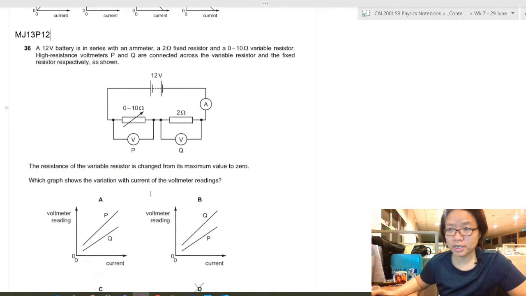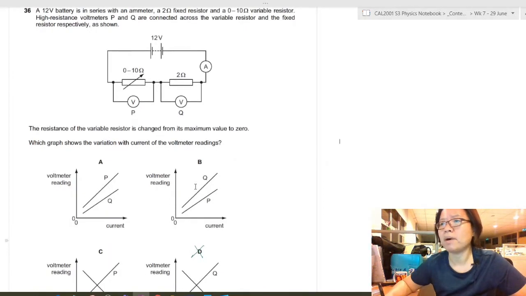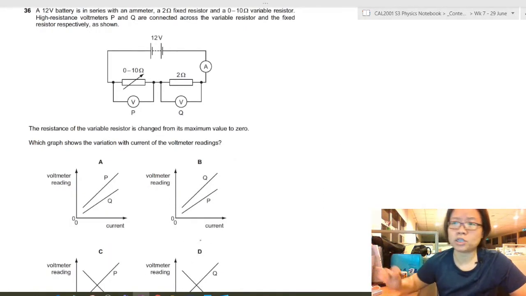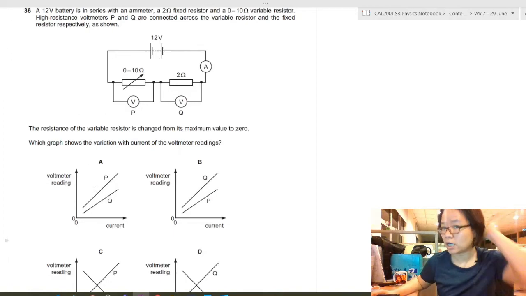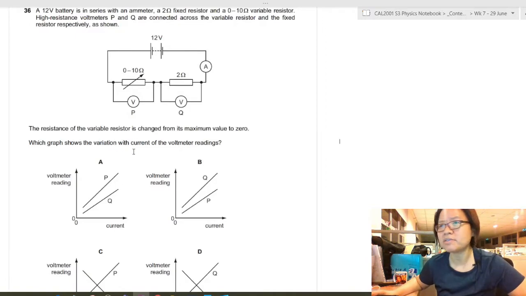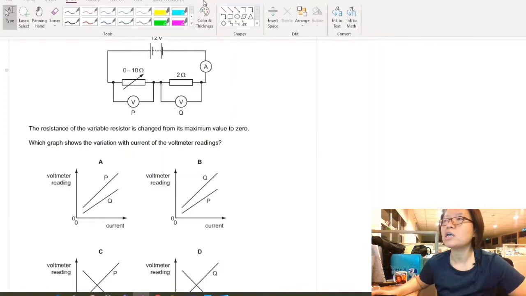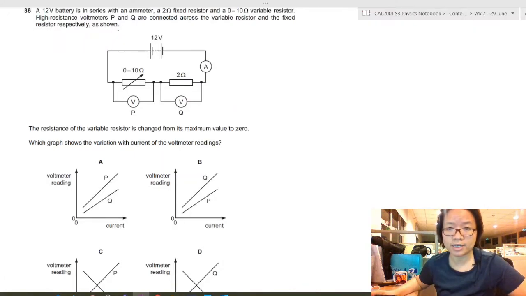One thing I know about the voltmeter reading is that now this one will be purely measuring the potential difference across the resistors respectively. The next part, let's think about the values P and Q. They cannot increase together with current at the same time, because that makes no sense. You can see when the resistance of the variable resistor is changed from maximum value to 0, let's say we play with the maximum values now.